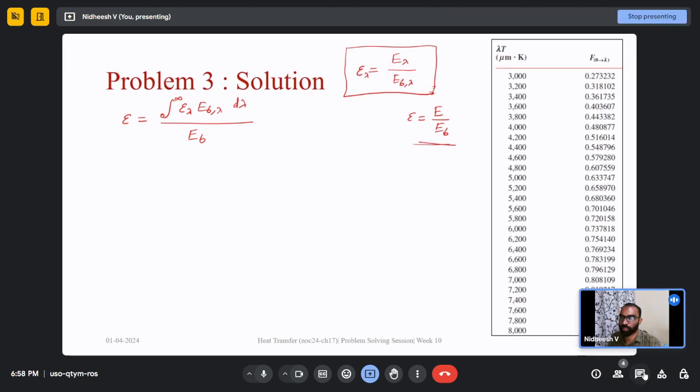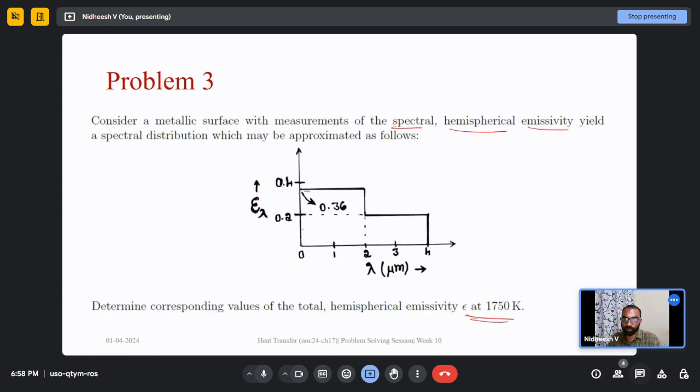That is clear. Okay. Now let us expand this for our given problem. We need to find out the numerator. For the numerator, let's go to this expression. When lambda is going from 0 to 2, the emissivity is a constant value of 0.36.